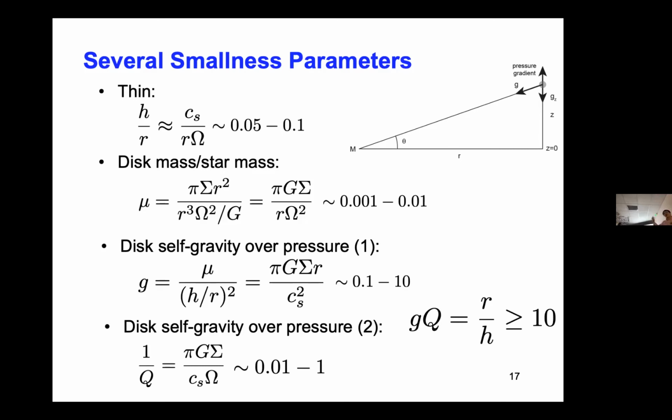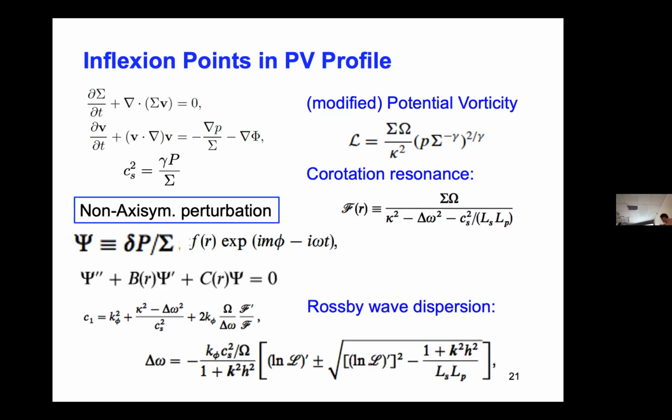And if you do the WKB approximation, you actually get this dispersion relation, familiar to those who work on Rossby waves and drift waves. This is almost exactly what you see: it moves in the phi direction, even though the gradient is in the radial direction, it drifts around the azimuthal direction. It has a deformation length scale on the order of h, and the instability comes from this term.